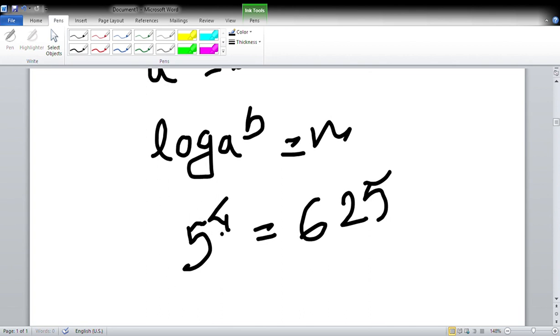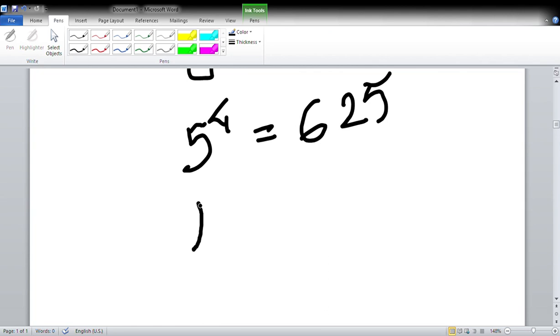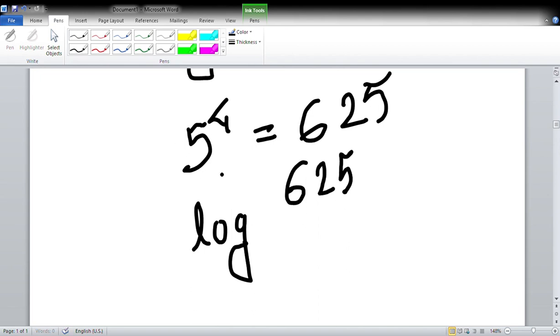This 5 is the base, 4 is the power of this base, and 625 is the number. If you really wanted to convert in the logarithmic form, simply write log of 625 with the base 5 is equal to 4.